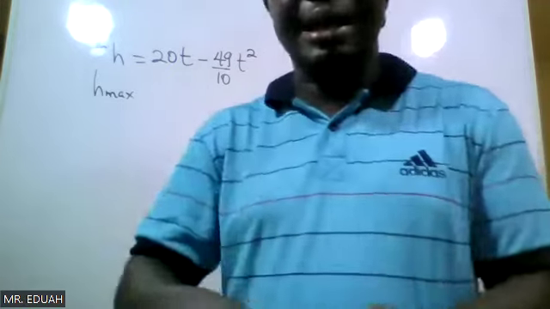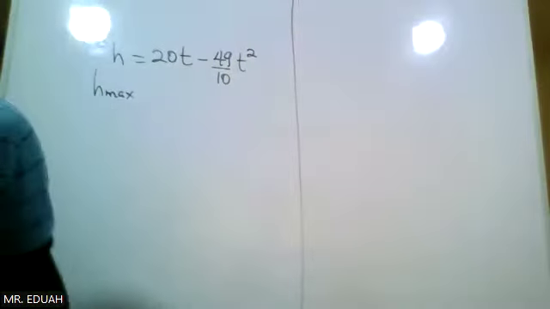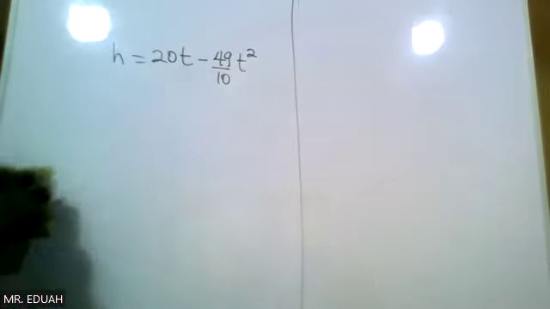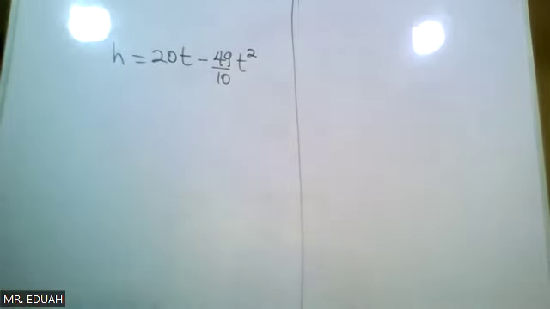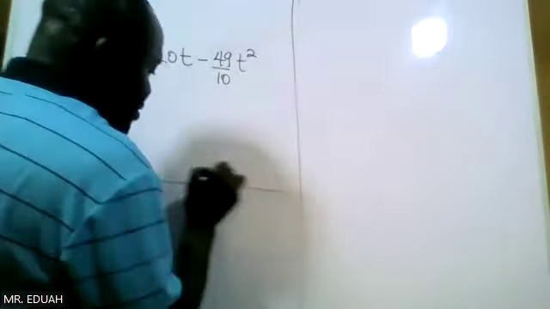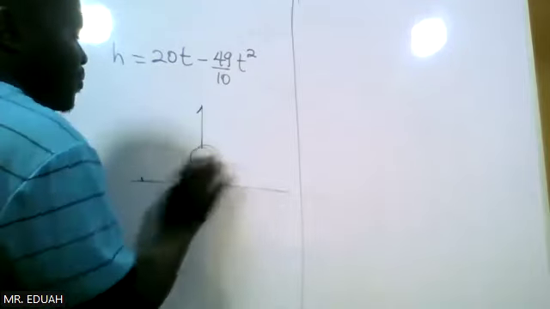So we have to determine the maximum height. So this is the vertical height reached by the body in any time t. But when a body is thrown vertically upwards, so this is the ground, and the body is thrown vertically upwards.